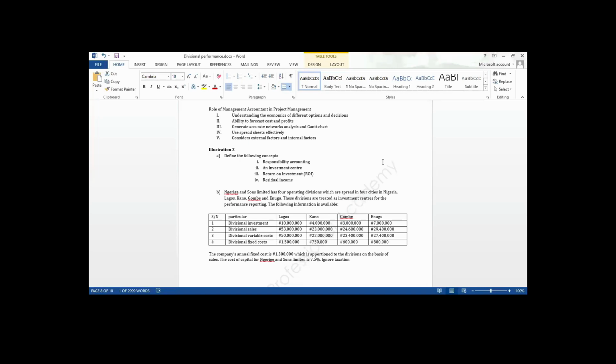Or maybe in your office now, you are the head of, say, a particular division. Or how do I put it? Look at budget now. You are taking responsibility for a particular aspect of a company budget.